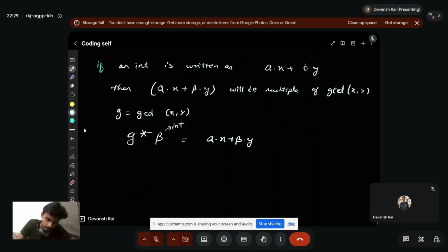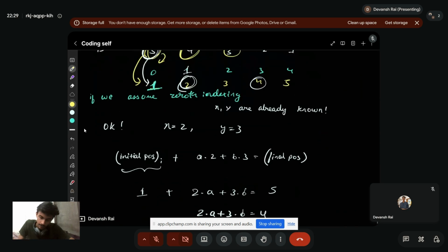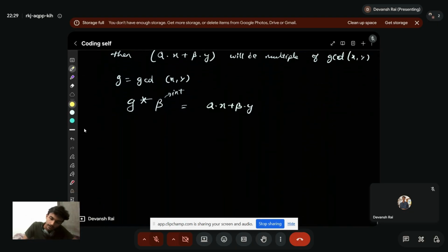And if you remember, a times x plus b times y is nothing but the difference between the initial position and the final position. That is, the final position minus the initial position. So, what is the final position?